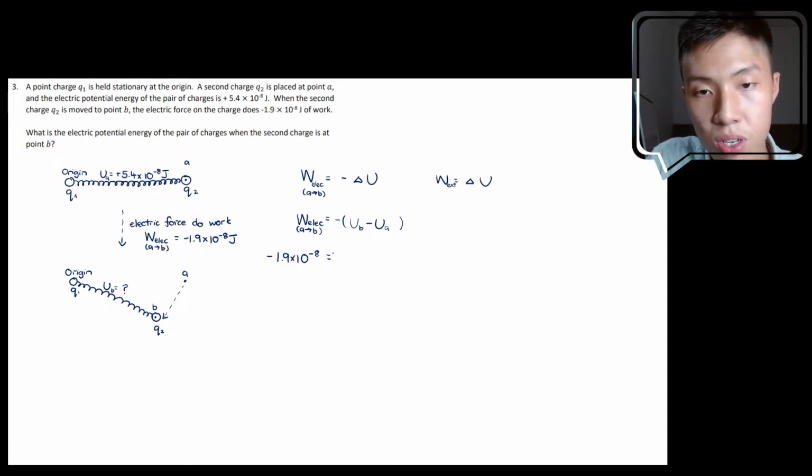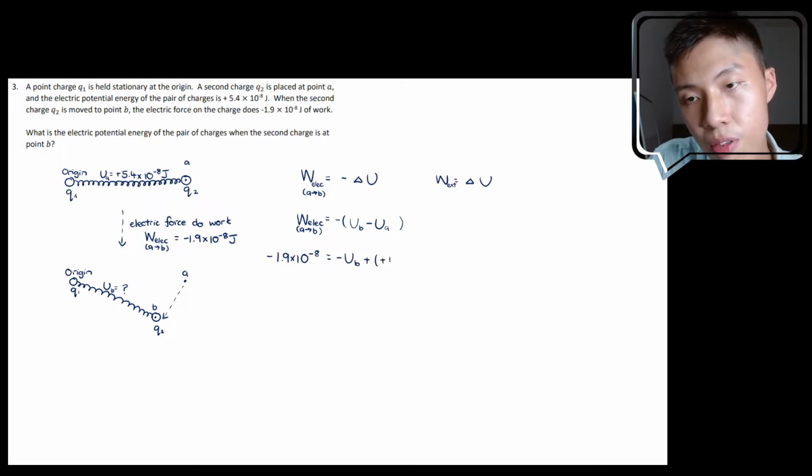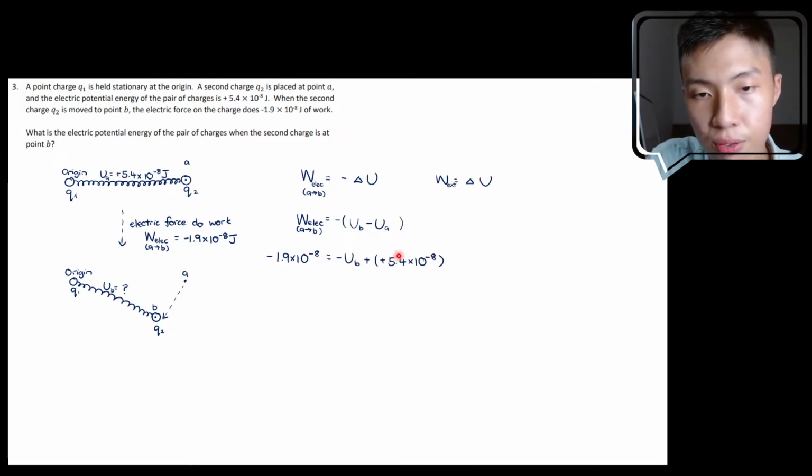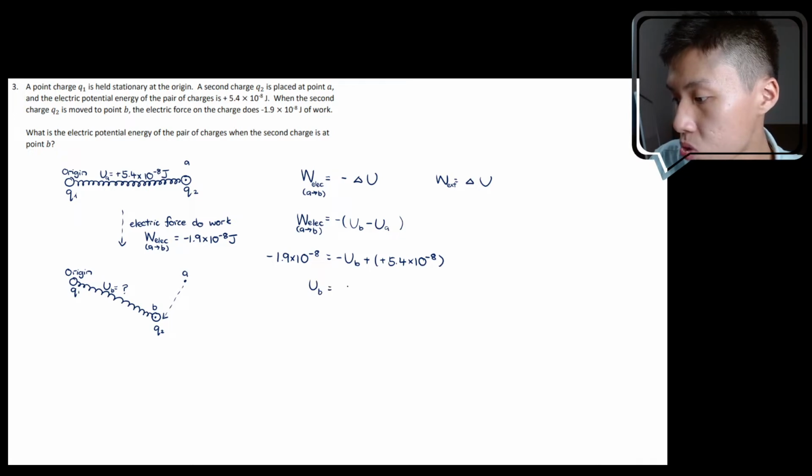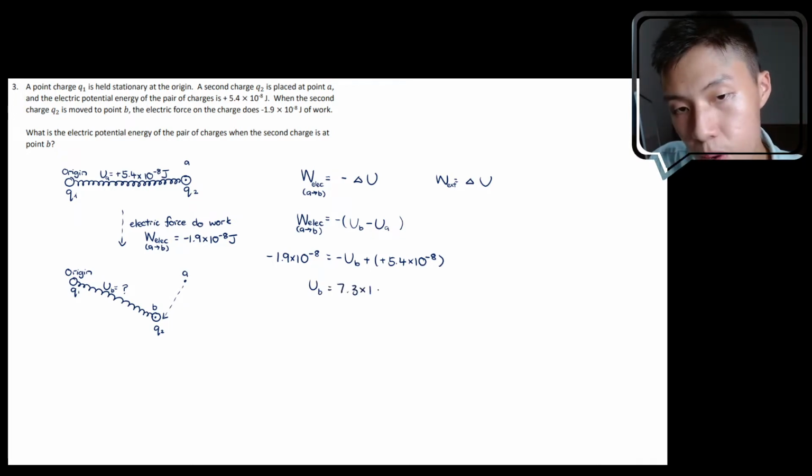So you write negative UB plus UA, where UA is positive 5.4 times 10 to the power of negative 8. Now you are just left with moving around plus and minus. Use your calculator and you should get UB equals 7.3 times 10 to the power of negative 8 joule.